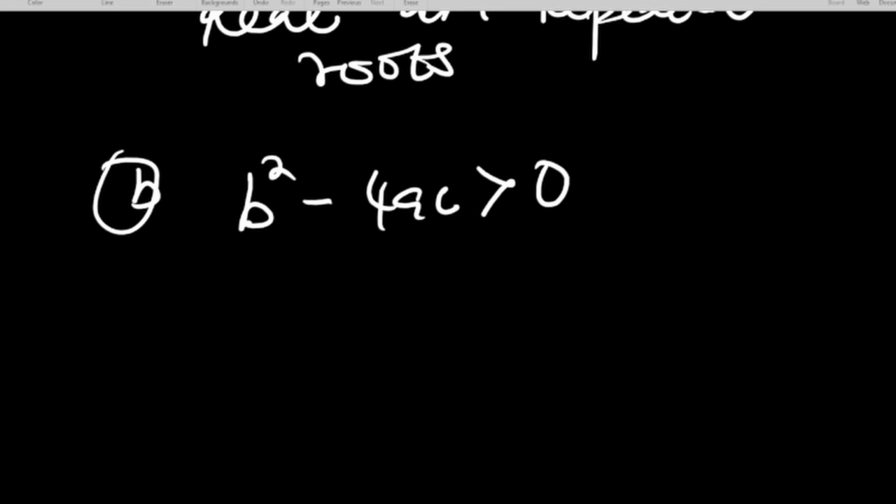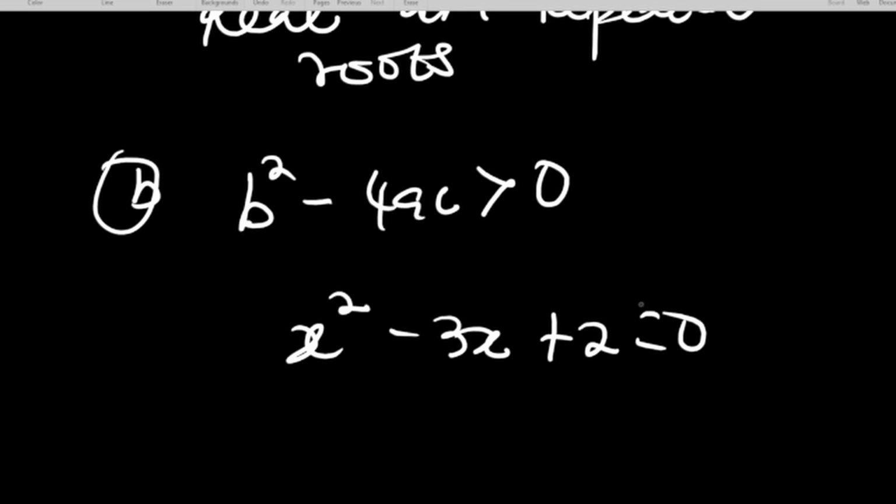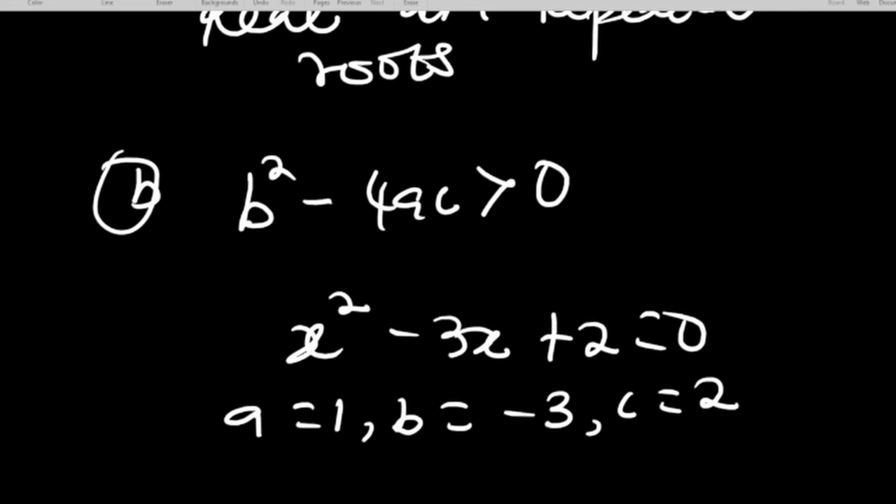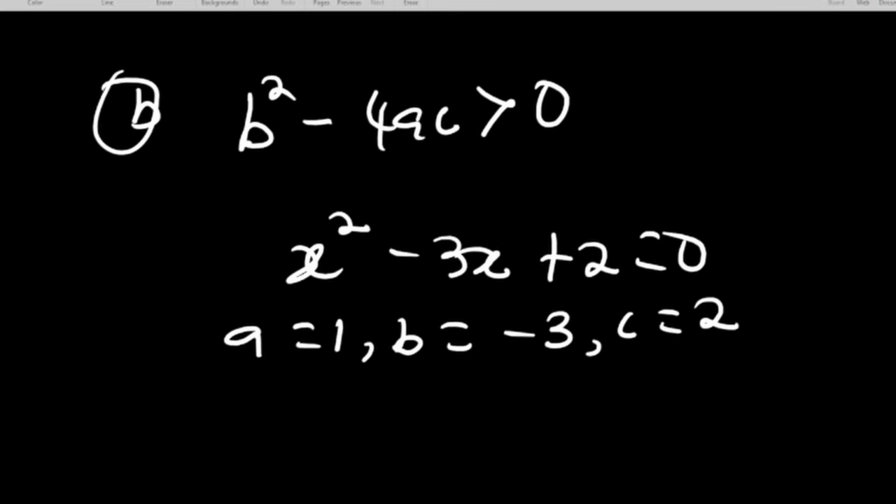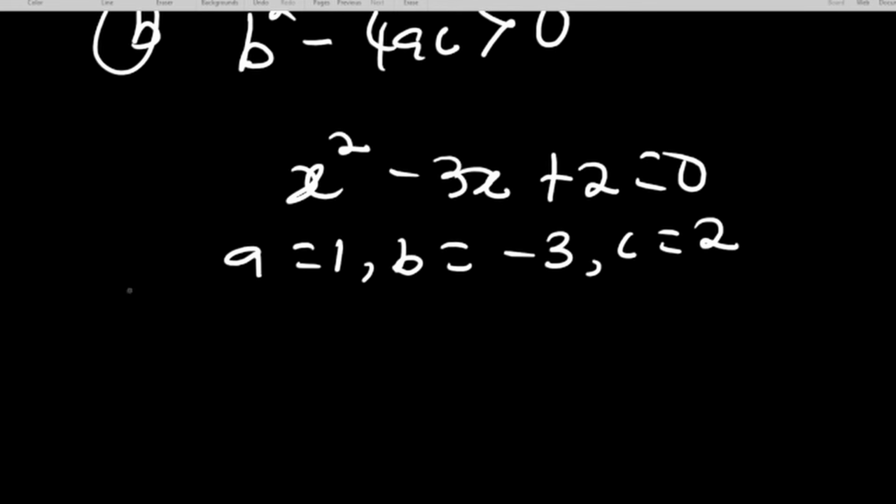So let's use a quadratic equation to test and see what we're talking about. Right here we have x squared minus 3x plus 2 equals 0. From this we can see that our a is 1, our b is negative 3, and our c equals 2. So using the discriminant, let's check.